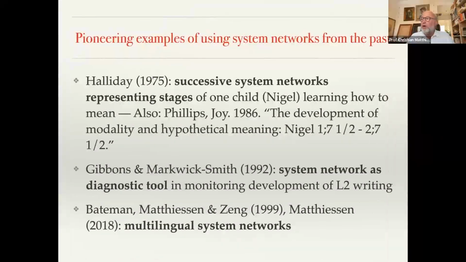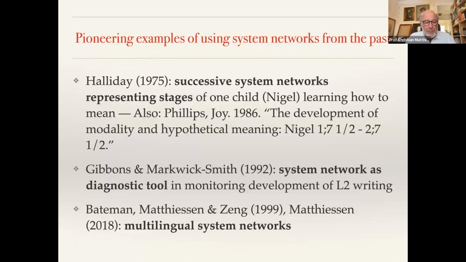In this area of using system networks as a tool in language education, there are a few key pioneering contributions I'll mention. One is the study of language development. In this instance, I've referenced work on first language development, but really the early stage before very young children move into the mother tongue.